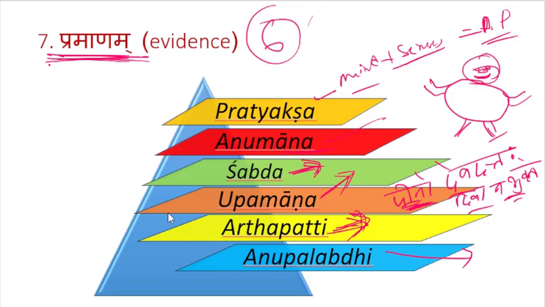These are called the 4 types of abhava that come here: prag-abhava, pradhvamsa, atyanta and anyonya. Don't ask which and what are the things; I already discussed them in the last class. These 4 are called the anupalabdhi pramana.